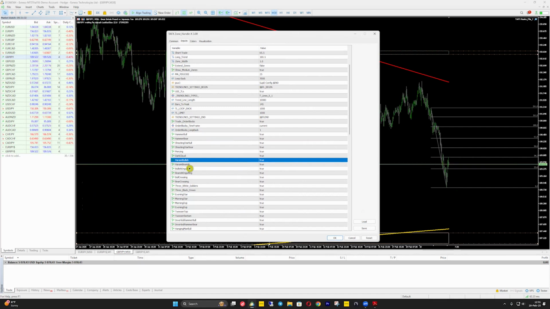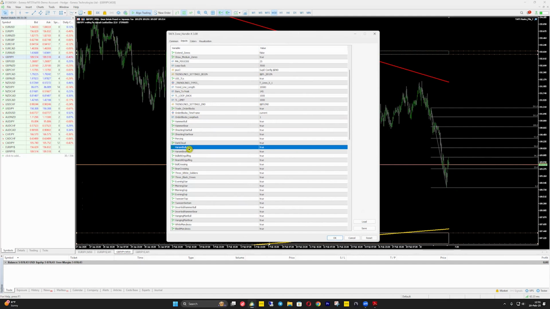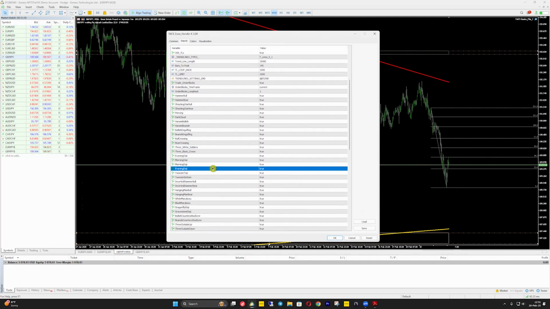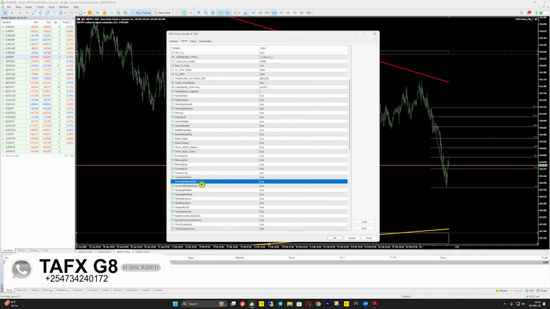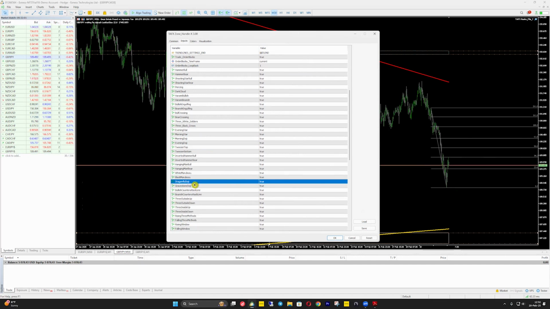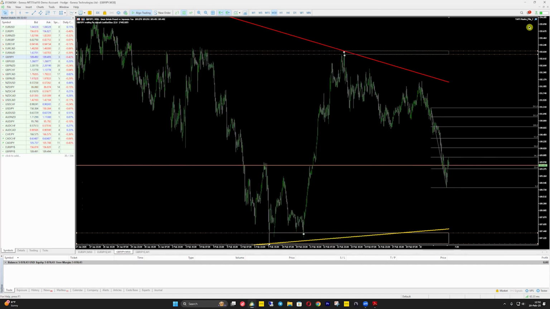I'm reading them very fast because we don't have to spend all the time here. We have white soldiers, black crows, evening star, morning star, tweezer, inverted hammer, hanging man, marubozu, doji, gravestone.